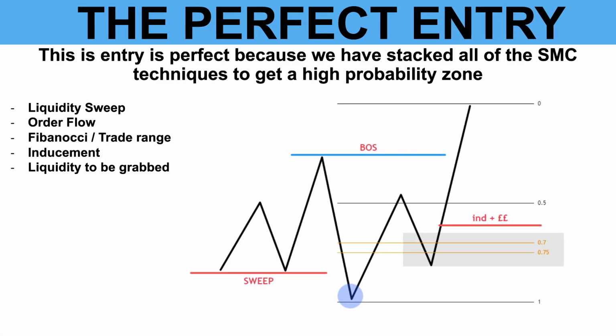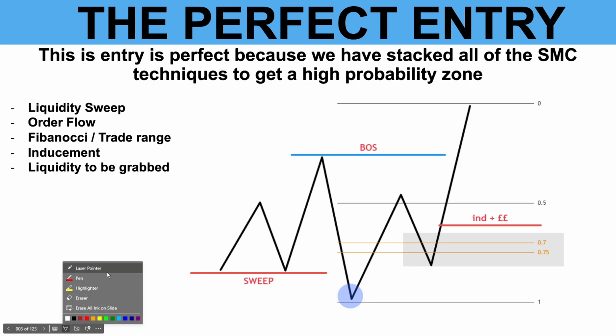Alright everyone, without wasting any time whatsoever, I'm going to show you this entry model right off the bat. So this entry model is based off of course supply and demand, as this is the number one thing that we have when it comes to SMC setups. However, I am going to teach you how to get a high probability supply and demand zone.